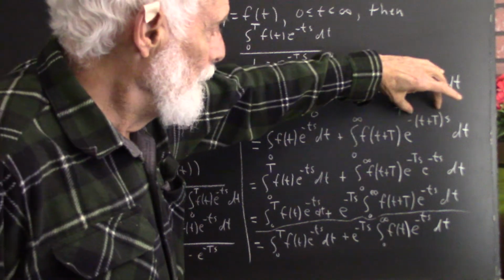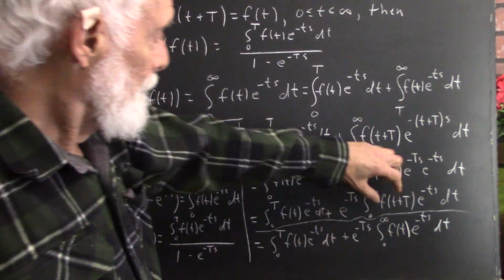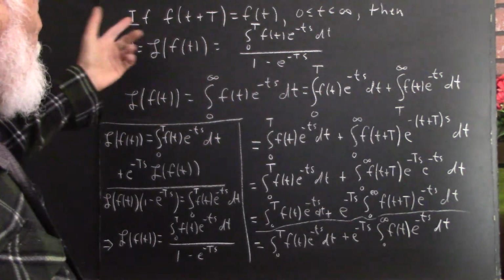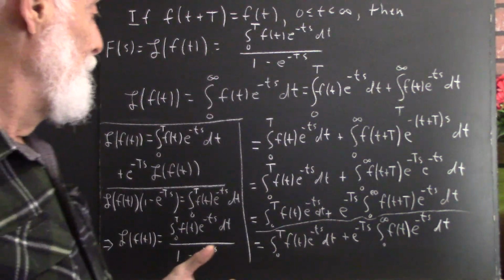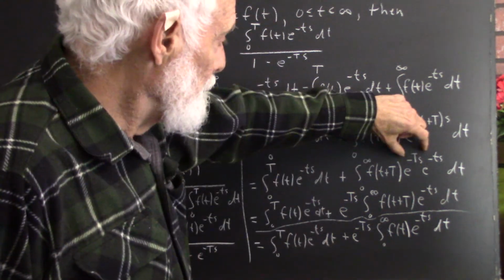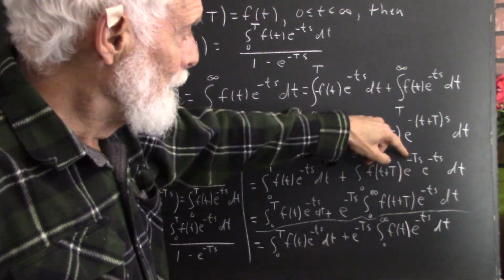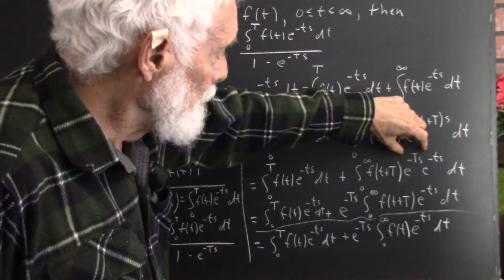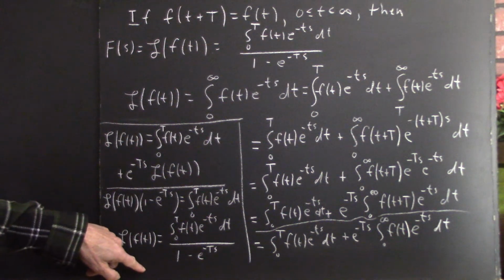To get from this to this is just simple algebra. Replacing this by this takes a little attention to the condition of periodicity, and bringing this out of the integral just requires that you recognize that this has no dependence on the variable of integration, so it's a constant. It can come out of the integral. Then we just rearrange it, and there we have it.